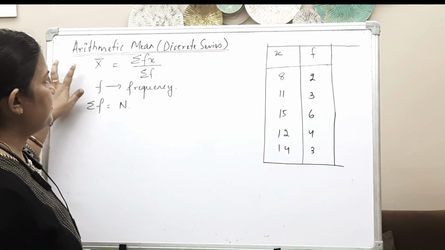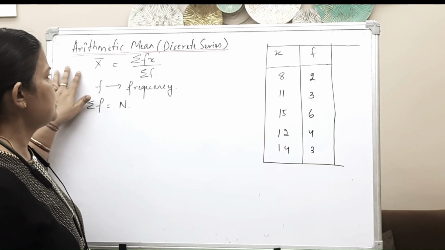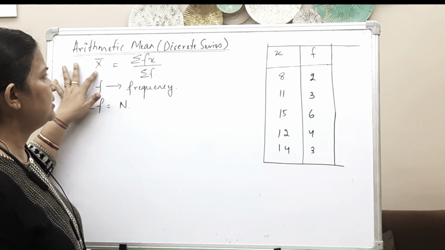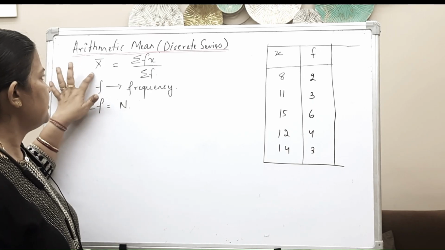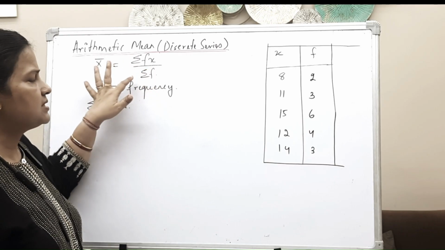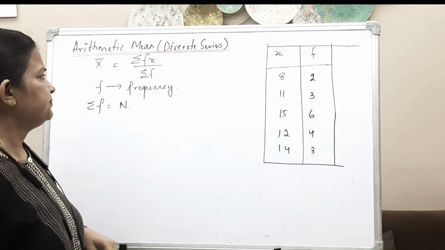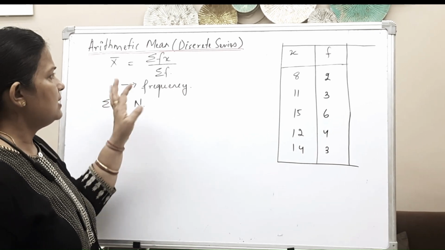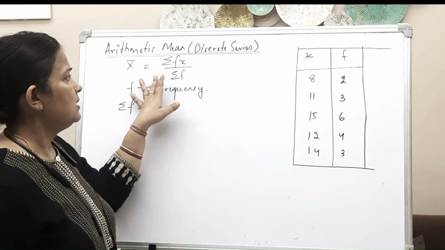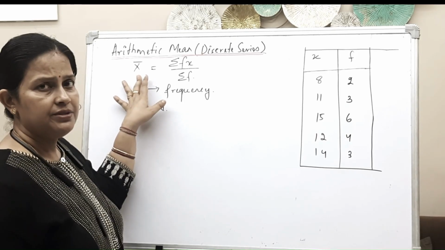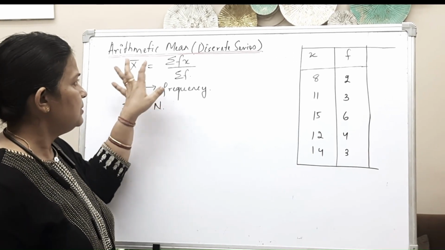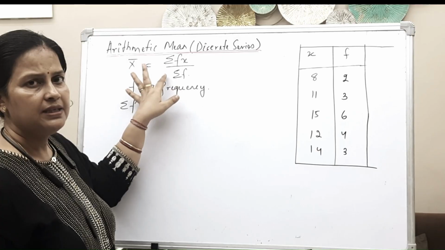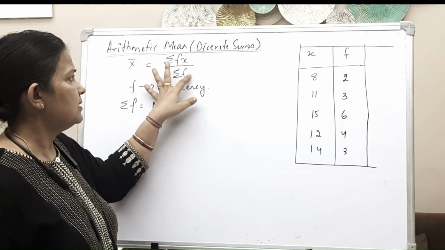To find arithmetic mean for discrete series, I have written the formula for the direct method, that is x bar equal to sigma of fx divided by sigma of f. What is sigma of fx? In the last class, we discussed x bar for individual series, x bar equal to sigma of x divided by n.